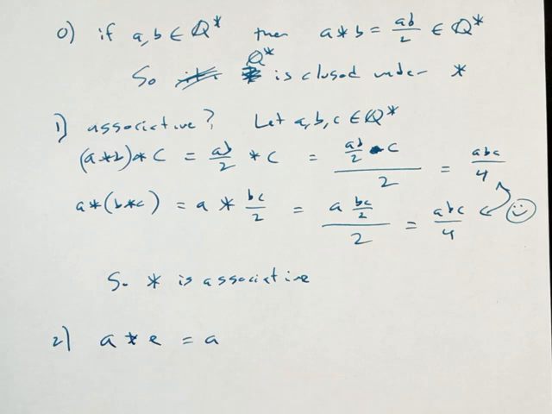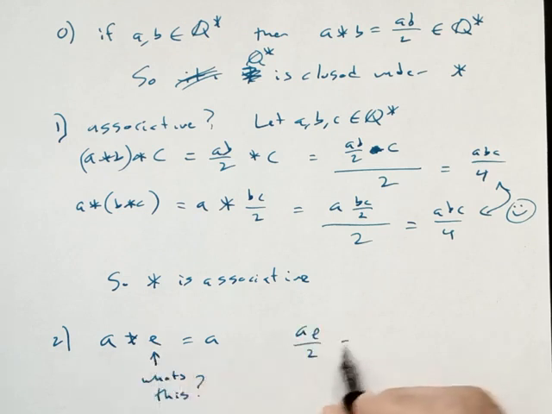I'm just multiplying by A, so I want to know what this E is. Aha! This over here is AE over 2, and I want that to be equal to A. So E over 2 should be equal to 1, and that means that E should be 2.